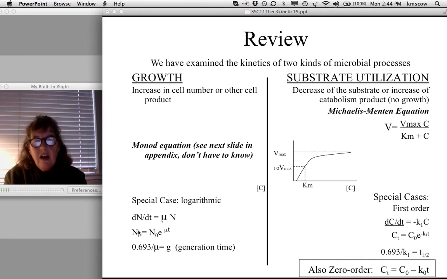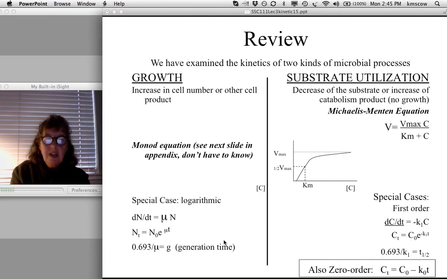Similarly, these forms for solving for cells or concentration over time have also the same form. They both have the amount remaining at a particular time as the initial amount, be it cells, be it substrate, times e to the rate constant times t. And here again, we have a positive rate constant for growth and a negative rate constant for first order substrate utilization.